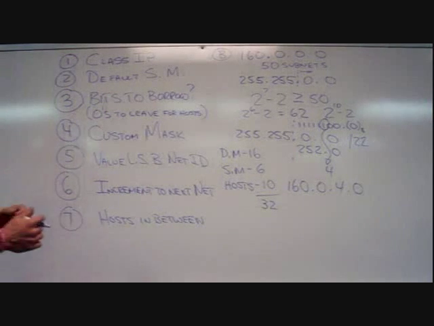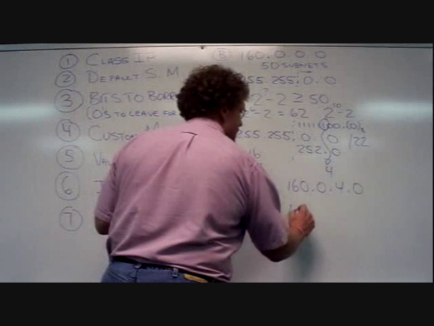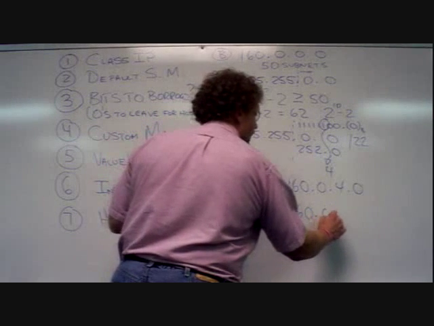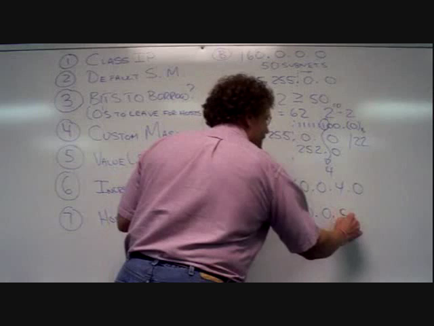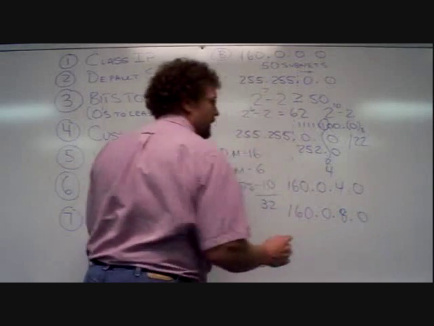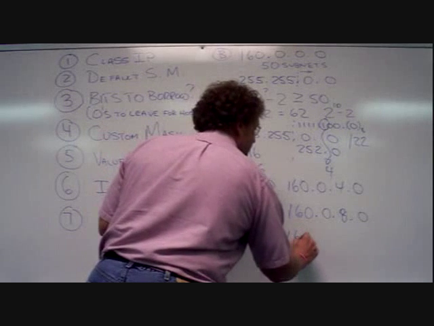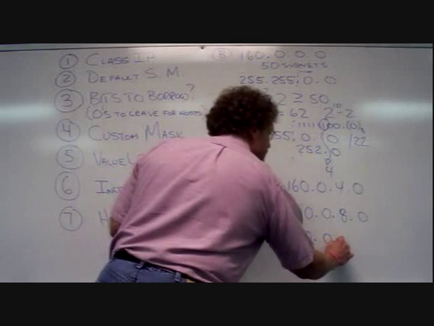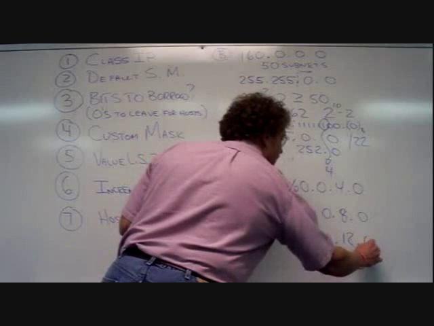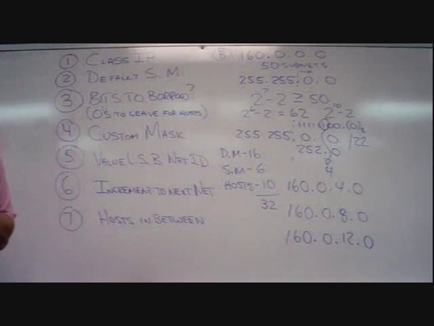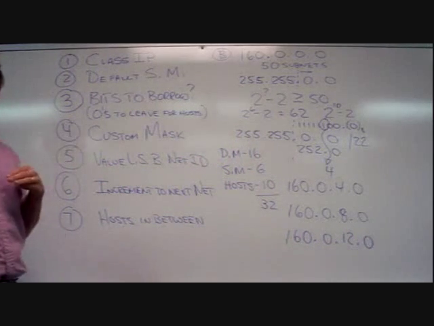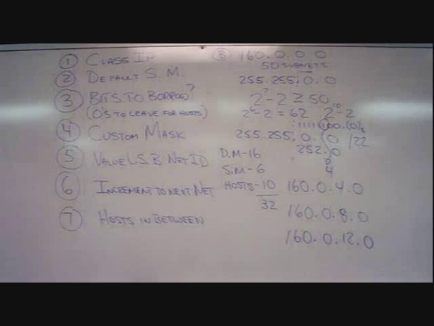Step 6, the increment to the next net, 160.0.8.0. The increment of 4 to the next net ID, 160.0.12.0. And we continue to 16, 20, 24, 28, 32, 36, etc.